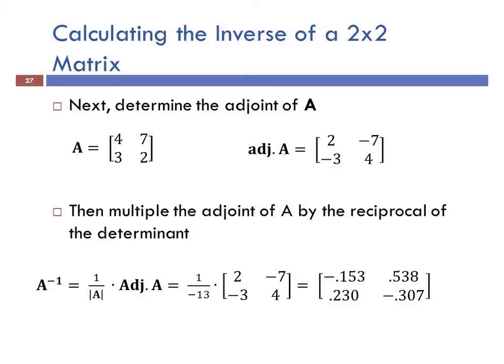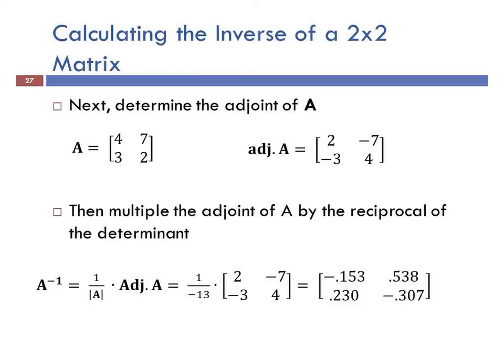Next, we have the adjoint of A. So, as we created before, for the adjoint we flipped the parts of the principal diagonal, 4 and 2 is now 2 and 4, and we've made the elements of the off diagonal negative. We finish it off by multiplying the reciprocal of the determinant by the adjoint.